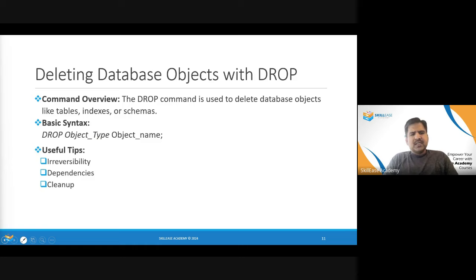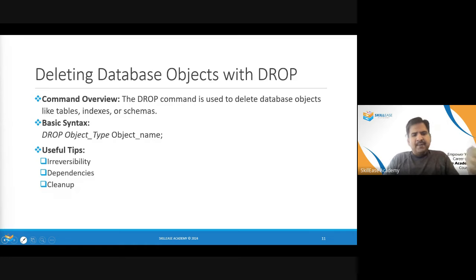Now, some useful tips before using a drop statement. First, it's irreversible. So before using this statement, I would recommend taking a backup in case you need the data to be referred to later.